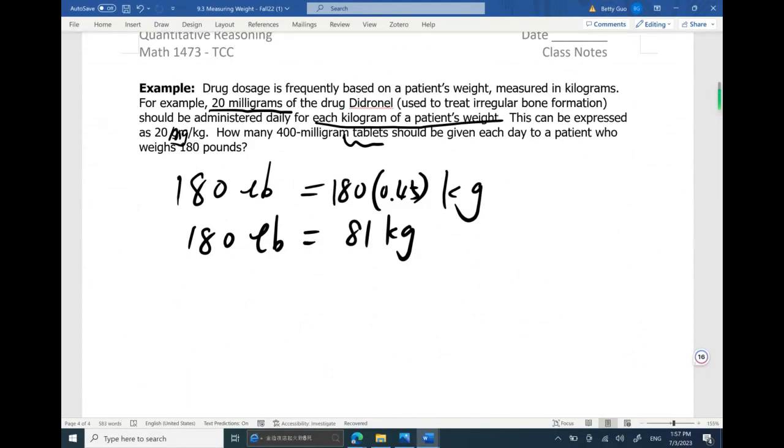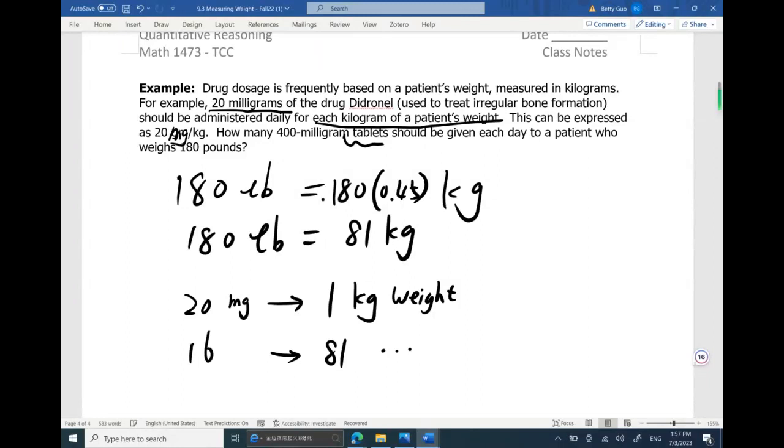Okay, let's see. For 1 kilogram of weight, you need 20 milligrams. And now the patient weighs 81 kilograms. How many milligrams do you need? We multiply by 20, right? 81 times 20 is 1620 milligrams.